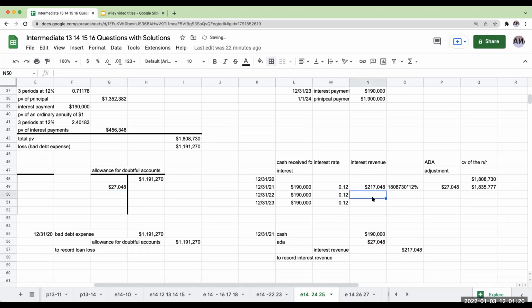Let's do the next period. My interest revenue is going to be my carrying value times 12%. My adjustment is going to be the difference between my interest revenue and my cash received for interest, or 30,293.